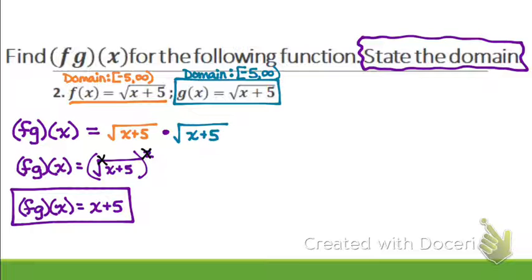This resulting function, the product of f and g, brings the domains of the parent with it. Even though if I were to just look at this, I would say my domain is all real numbers. It's not all real numbers, because the parents or the original functions had restrictions on them. So that has to come along too.